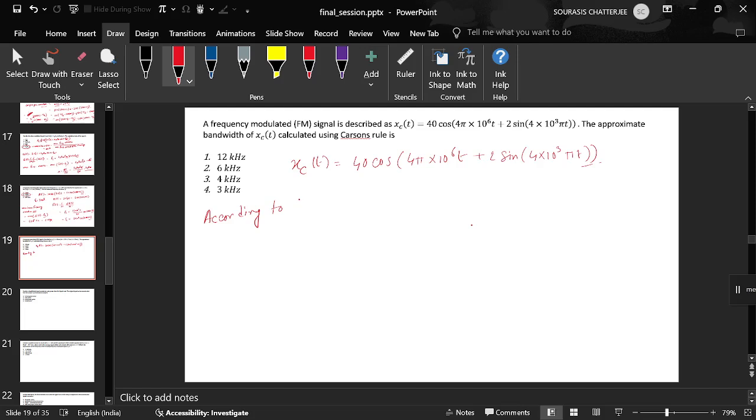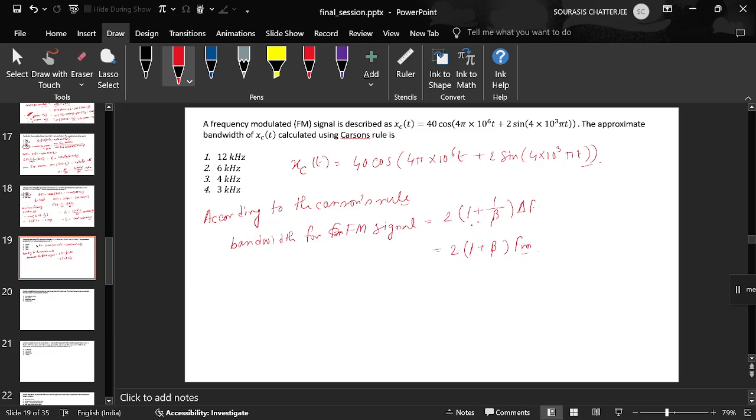According to Carson's rule, bandwidth for a frequency modulated signal is given as 2 times (1 plus 1 over beta) del f, or you can write it in this way, 2 times (1 plus beta) fm.